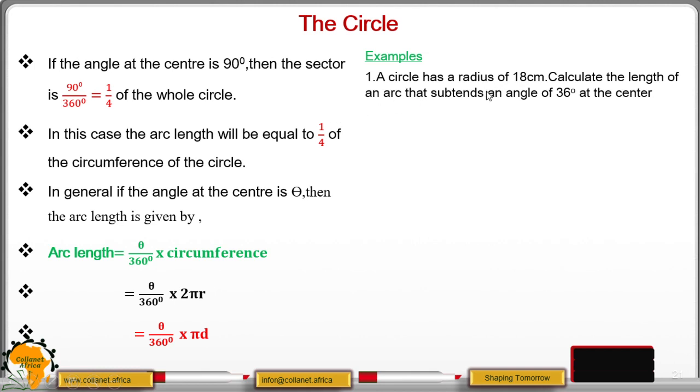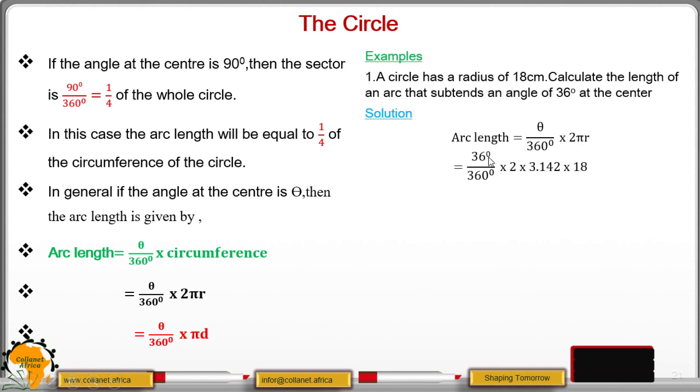A circle has a radius of 18 centimeters. Calculate the length of the arc that subtends an angle of 36 at the center. We proceed as follows. We've seen that the arc length is given by theta over 360 times 2 pi r. In our case here, we are given the radius, we are given the angle.